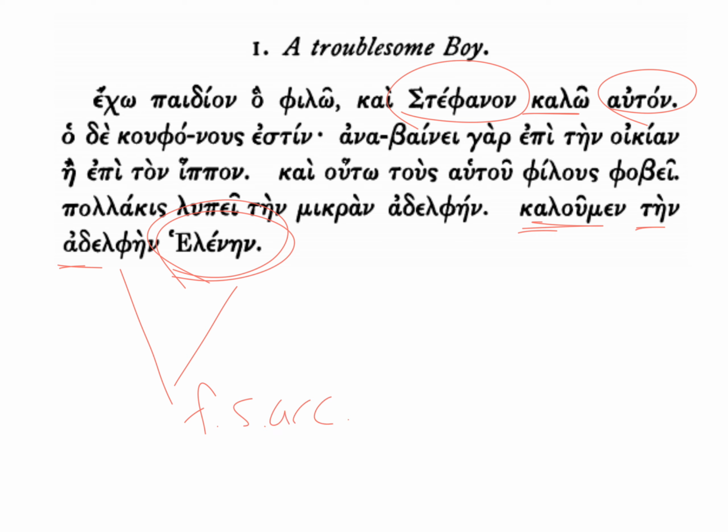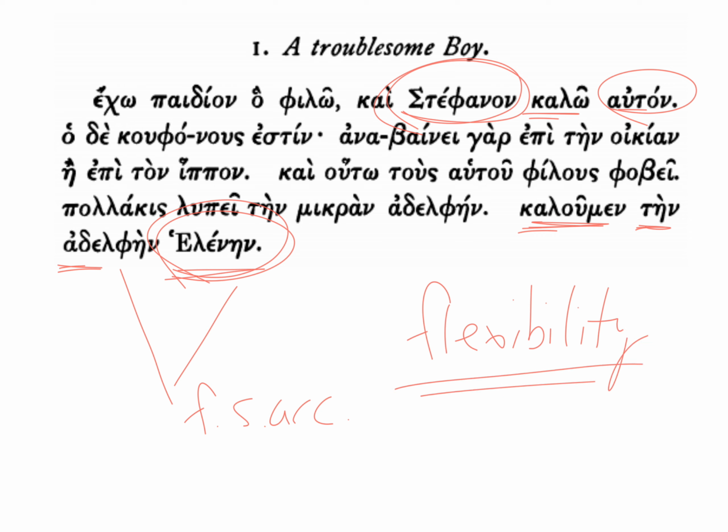Notice in the first example, the object complement, Stephanon, came before the verb, kalō, and then the object. Here we have the verb first, kaloumen, then the object, tēn adelphēn, then the object complement, Helenēn. This shows that Greek has a tremendous amount of flexibility in its syntax, which means word order, and an amazing amount of flexibility not enjoyed by either Latin or English.